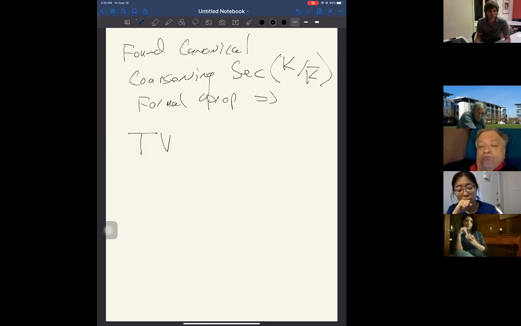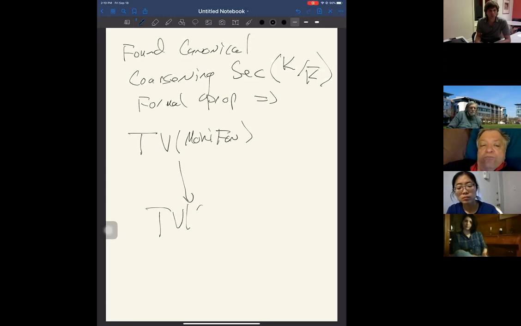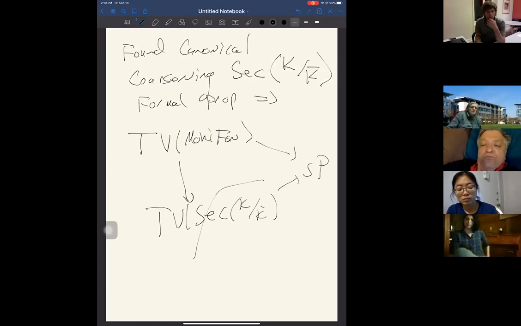So I coarsened the fan but had the same support. I've got the secondary fan, and the family, which is coming from moduli of stable pairs, comes from here. And this, we conjecture, is finite. I'll say a word about that.